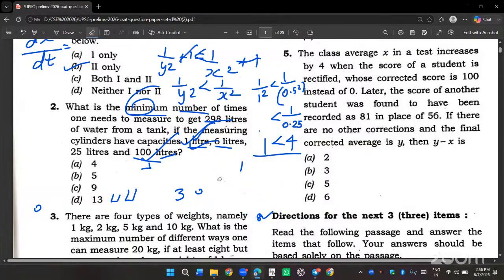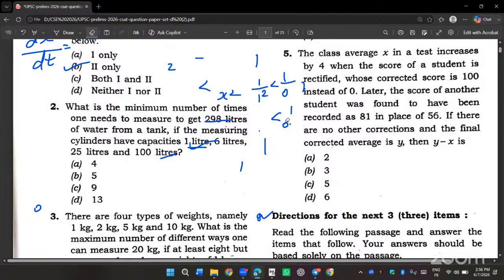Next, we will go to the next question. Very important question. These are all simple questions. Within 1 minute, you can solve these questions.